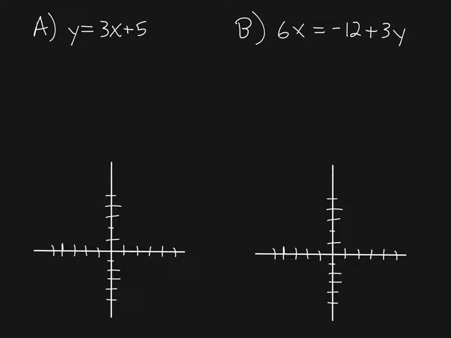Let's take a look at a couple examples. In our first example, A, we have y equals 3x plus 5. So let's start by finding the x-intercept. We'll abbreviate there. Now, we know at the x-intercept that y equals 0, right? So I can plug 0 into y because I know my y value is going to be 0 at the x-intercept.